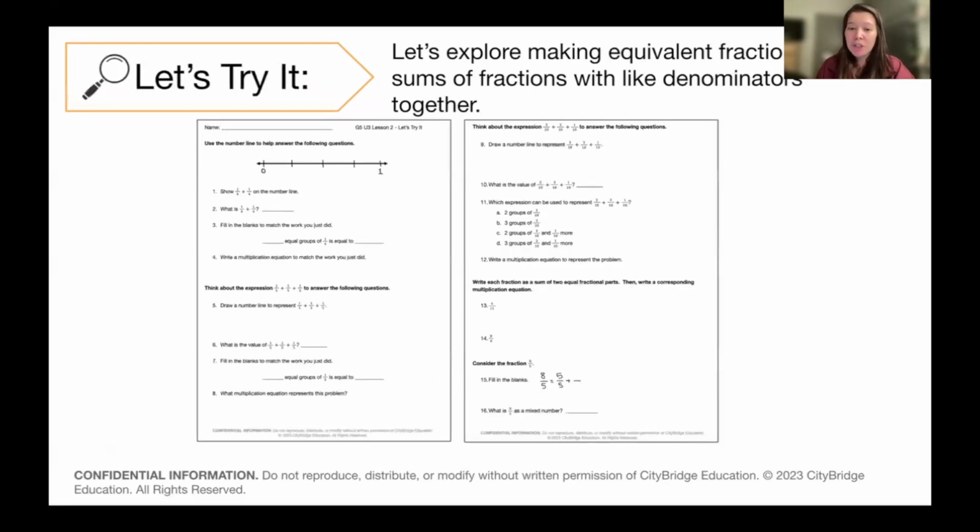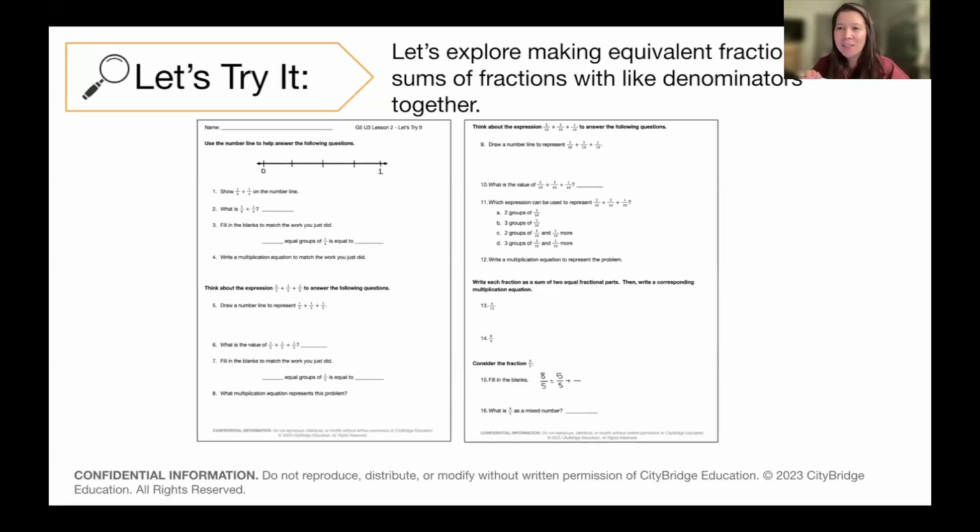Nice work, everybody. So now let's work on making equivalent fractions with sums of fractions with like denominators together. So just like we did here, we're going to show our thinking with number lines, with words, and with multiplication like we've been doing. We can compose fractions or we can decompose fractions, but remember that the unit or the denominator remains the same.